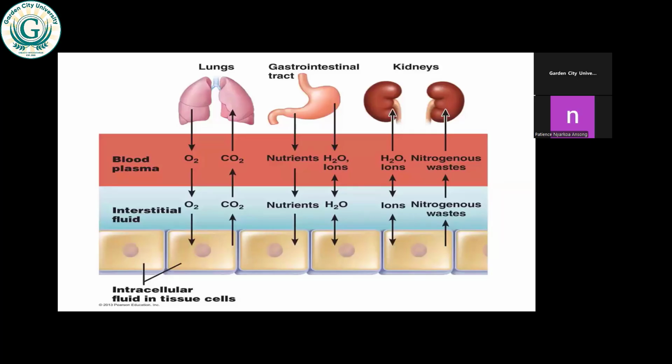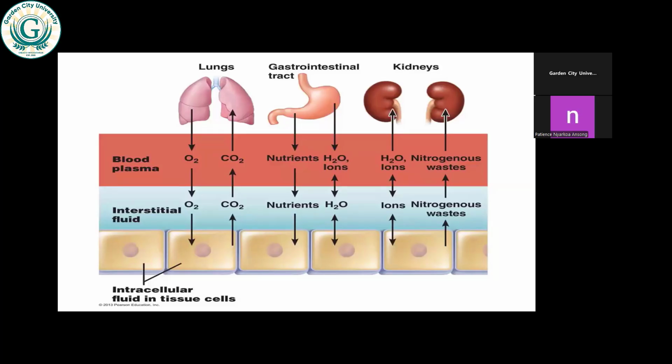So to briefly look at how transport of substances and molecules would occur across the different kinds of fluids or the fluid compartment, we can look at the lung, which is the organ that aids in breathing.